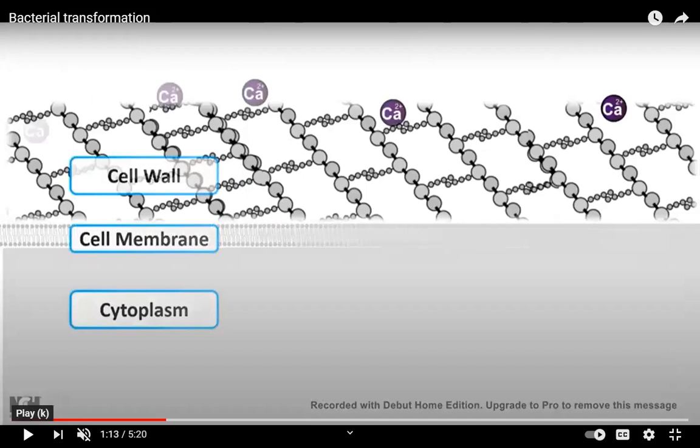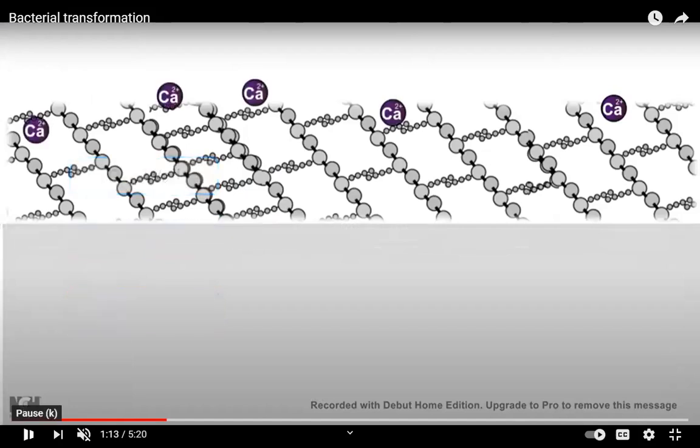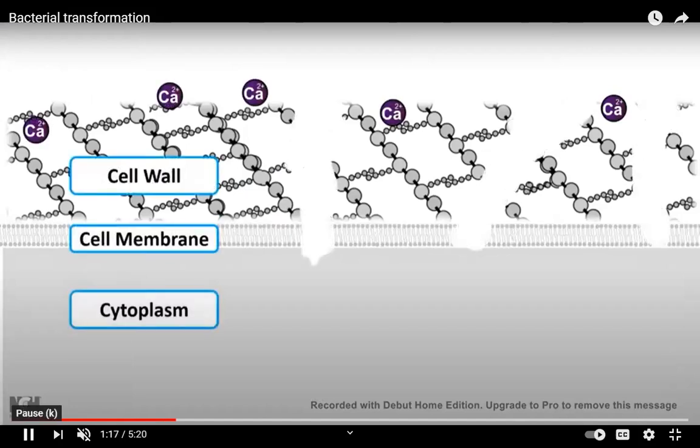But keep in mind that this prokaryotic cell, this bacteria, is surrounded by a cell membrane, and that cell membrane is semi-permeable. We talked about this back in Unit 2. With that semi-permeability, it's going to prevent DNA from coming in.